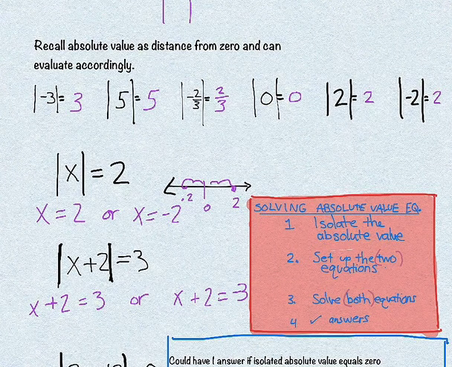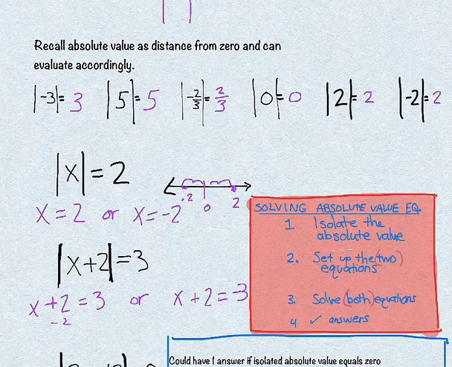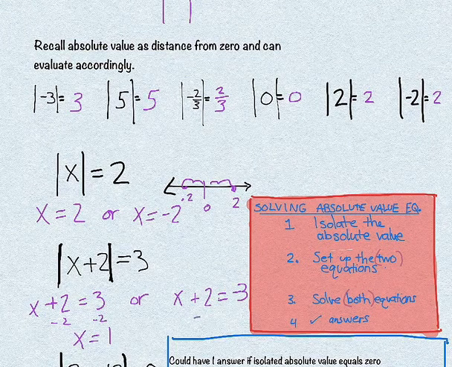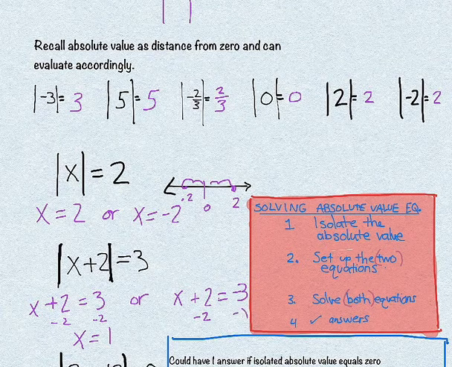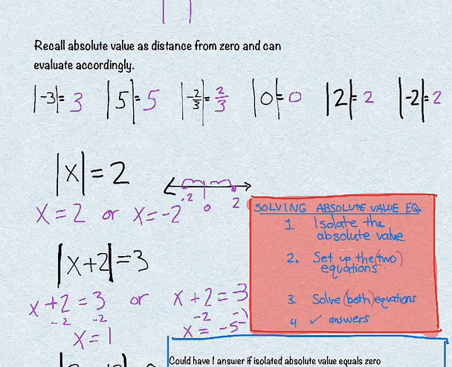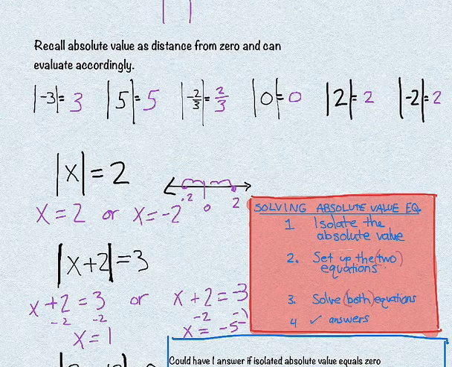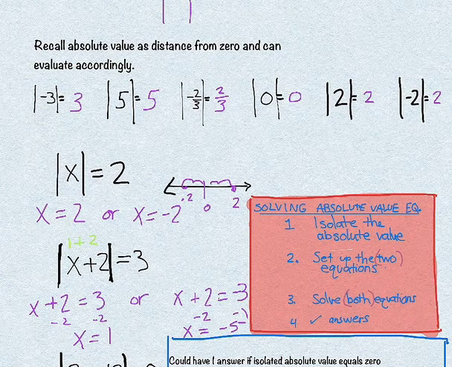Next, we have to solve this first equation on the left. I'm going to subtract 2, and I have x equals 1. If I subtract 2 here, I have x equals -5. Now I should be checking my answers, which means if I go back into the original, 1 plus 2 really is 3, and the absolute value of 3 is 3, so we're good with that.